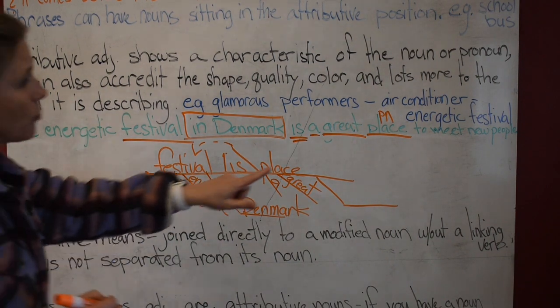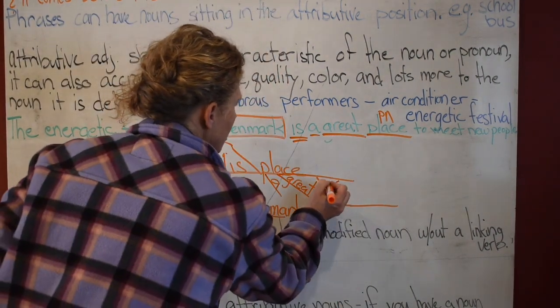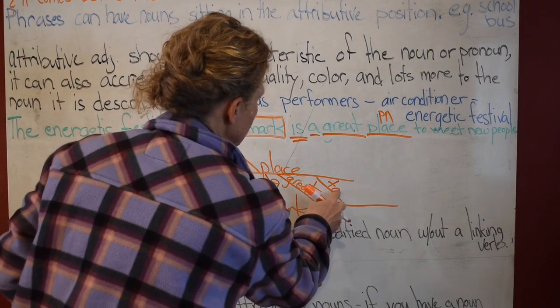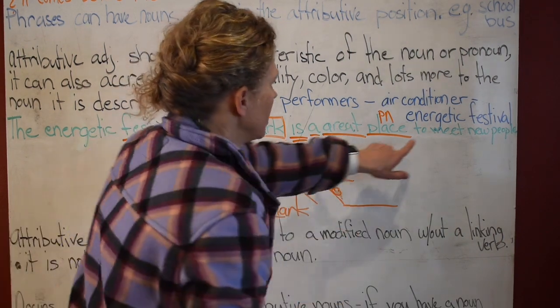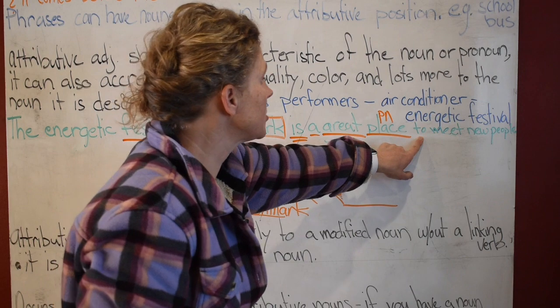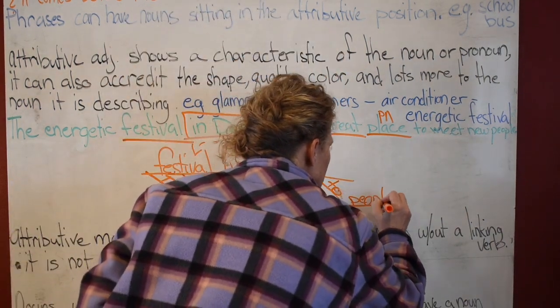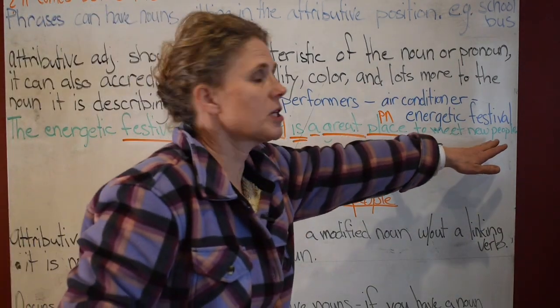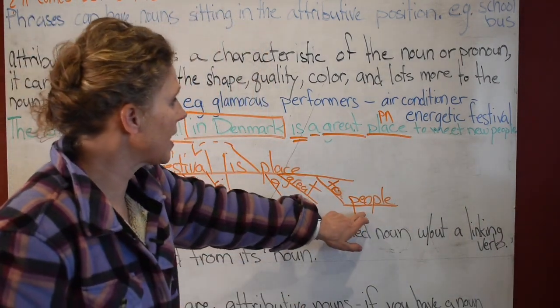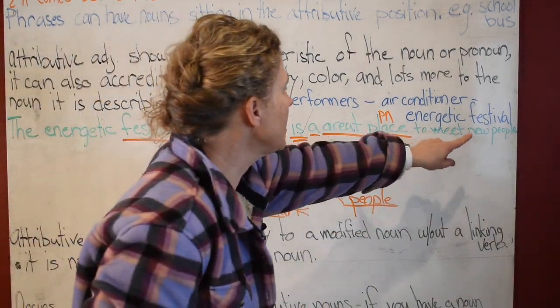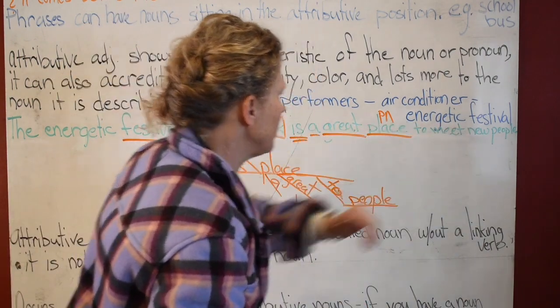We're going to start here, and we're going to use this one as a preposition. It's to people. So people is the object of the preposition. This is a noun position. So meet and new. It's meet people.